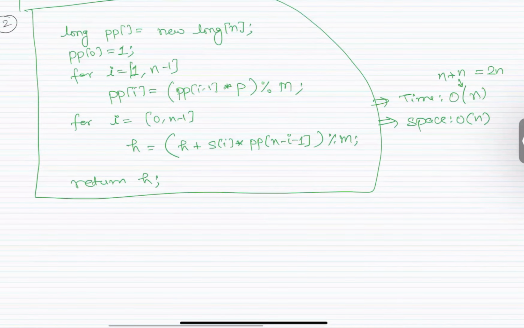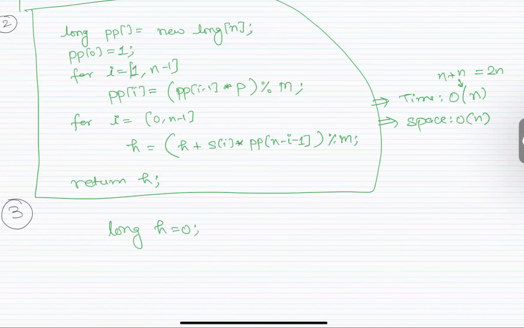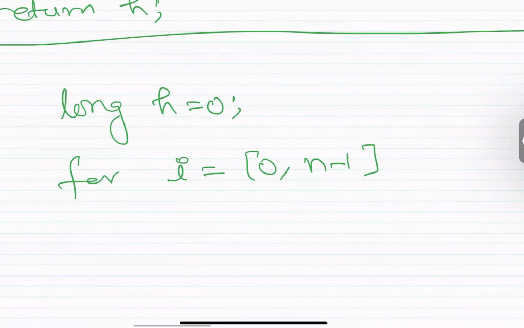Now, there was a third way also. Third way we could have computed is, let's see, long hash is equal to 0. What we do is for i equal to 0 to n minus 1, we would say h is equal to h into p, rather than writing 29, plus s[i].